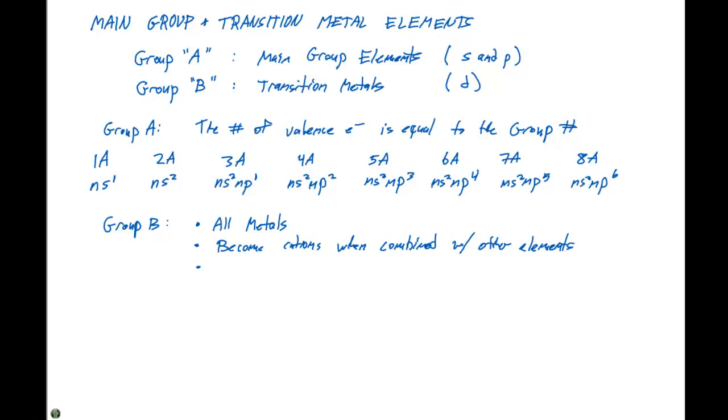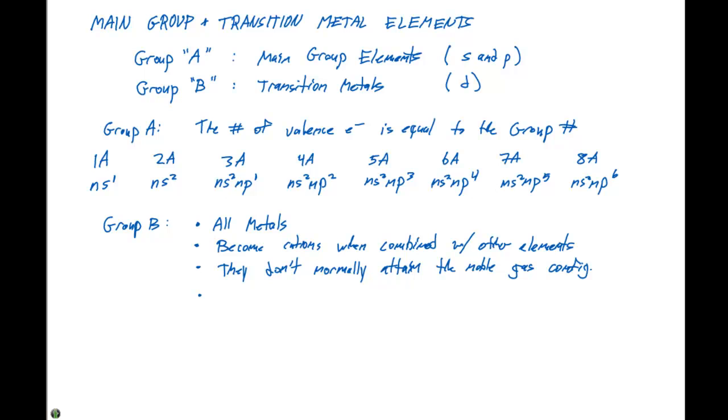Another difference with the transition metals and the main group is that they do not normally attain the noble gas configuration. So while main group elements will always form a noble gas configuration, the transition metals, they don't do this as readily.